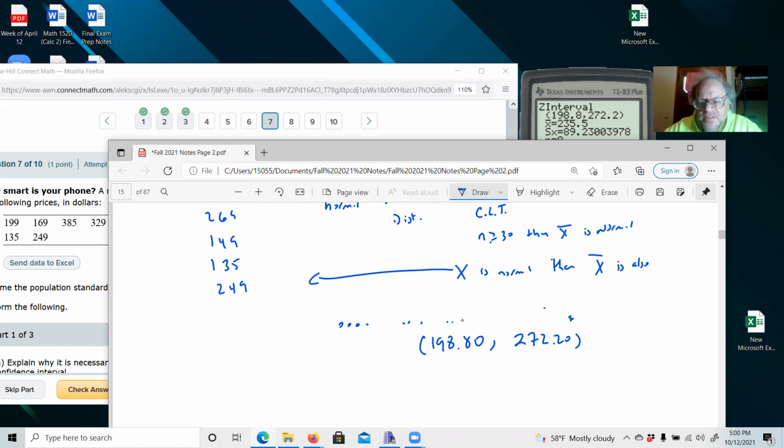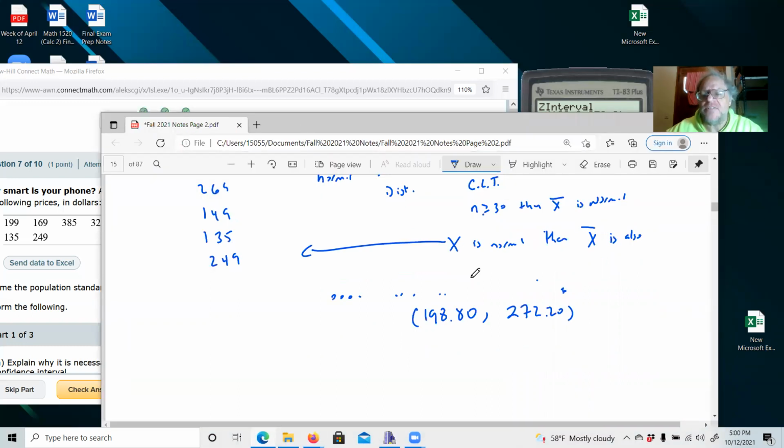This is saying that the average price of a Samsung Galaxy cell phone is somewhere between these two numbers. And we are 80% certain that the average is going to lie between these two values. So the fact that one of them is not here, that's not an average, that's an individual thing. We want the average of them being in here.